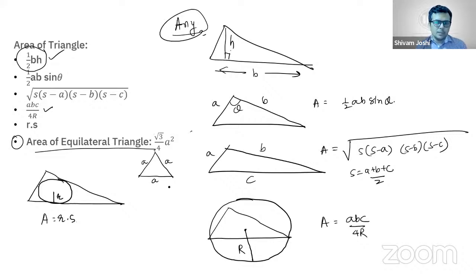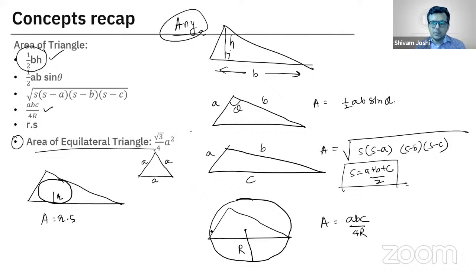Semi-perimeter is not divided by 3, it will be divided by 2 only. s is (a plus b plus c) divided by 2. The fifth formula is area of triangle is inradius into semi-perimeter, r into s.